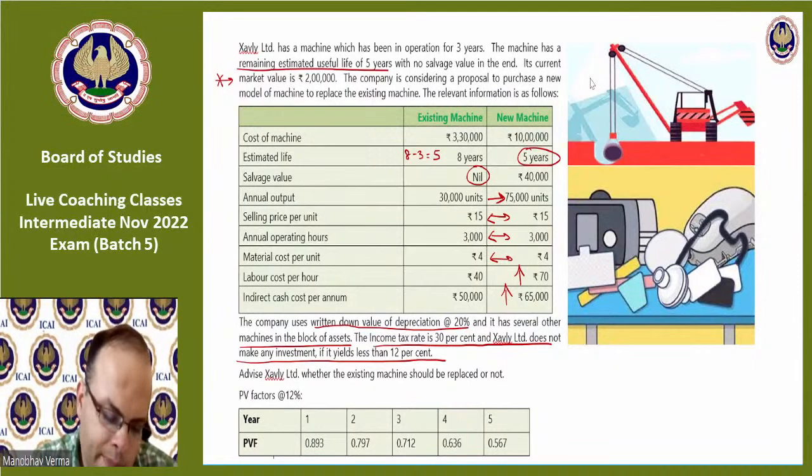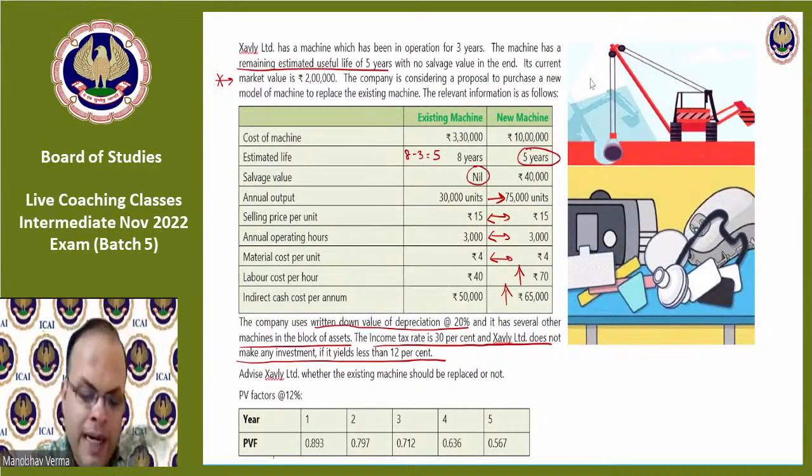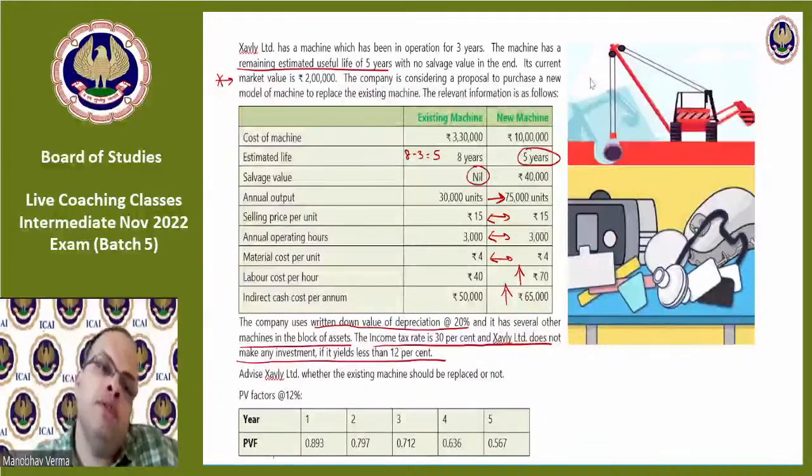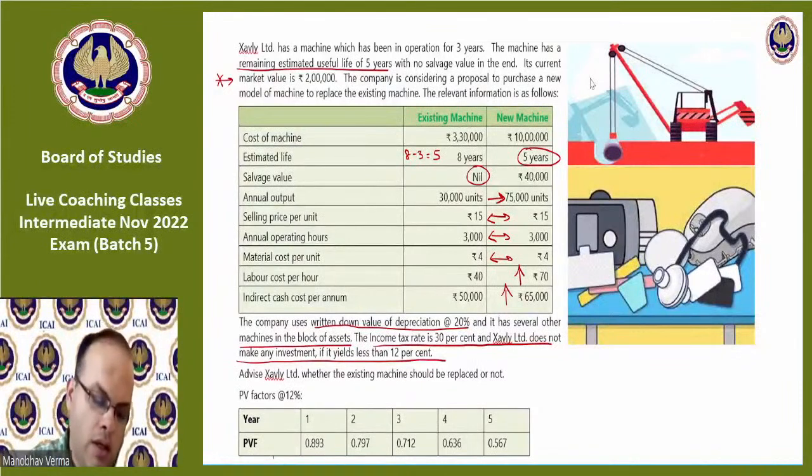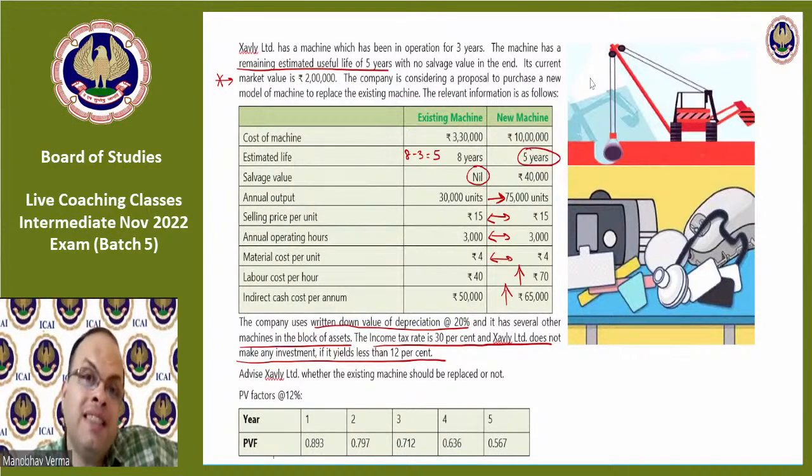Sudhanshu, I do not agree. 3,30,000 was the original cost of the machine 3 years back. Today we are standing at the beginning of the year where 3 years are already gone. So you incurred that 3 years back. Why are you considering that?